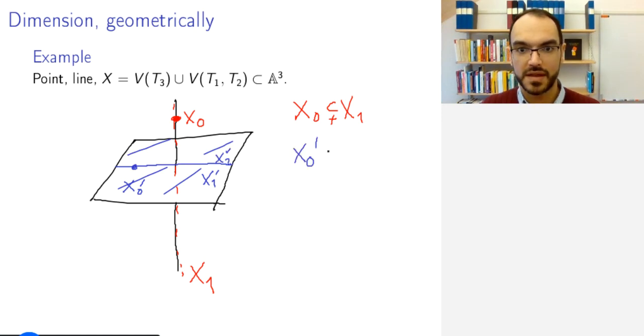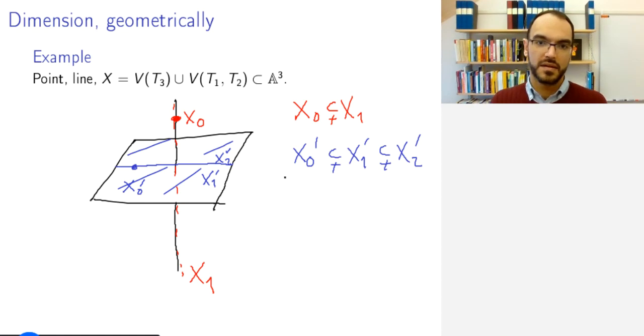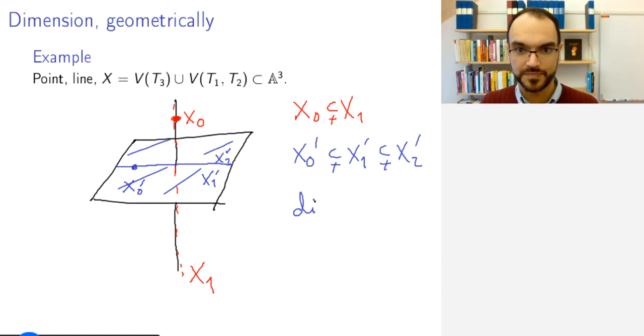So now I have x0 prime sitting inside x1 prime sitting inside x2 prime. And if you try, you can check that you cannot choose any bigger chain, you cannot choose any longer chain, and therefore this shows that the dimension of X equals 2.